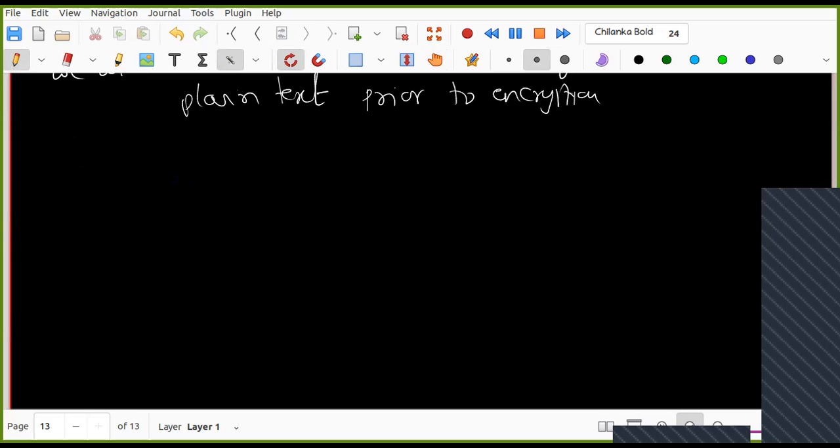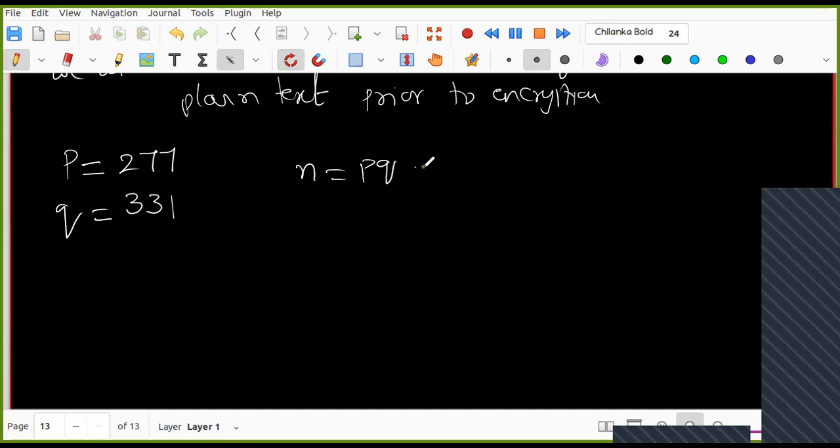Now it is the right time to give an example so that things become easy for you. My values: I'm taking P equal to 277 and Q equal to 331. These two big primes I took. Now N is equal to P times Q, which is this number. I have N with me.